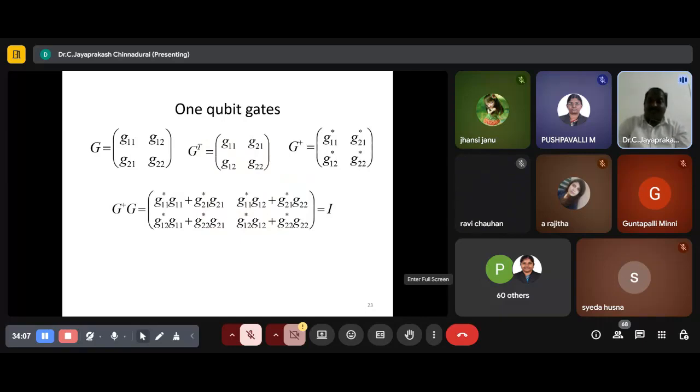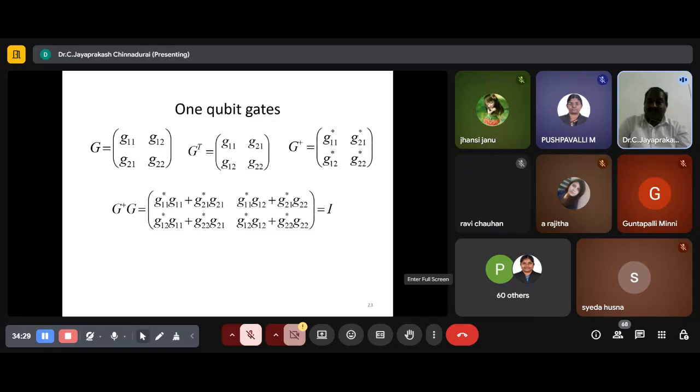Previously, G is equal to the matrix g11 g12 g21 g22, and if you transpose that, G transpose is g11 g21 and g12 g22, the transpose swap. I already told you about the swap gate like that. And what is the output?